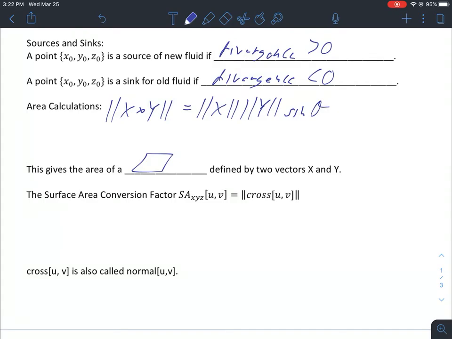All right, so the last couple chapters we've been talking a lot about area conversion factors. So now we're going to do a surface area conversion factor here. Essentially it's just the magnitude of the cross product of the u and v that we are converting to.